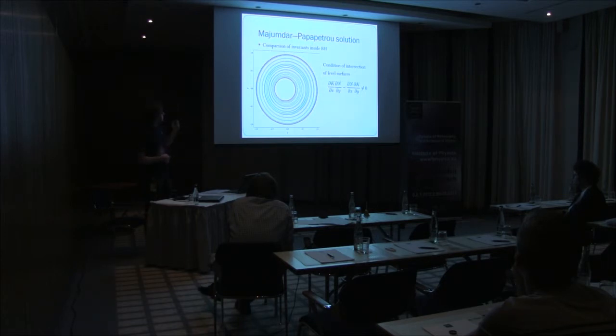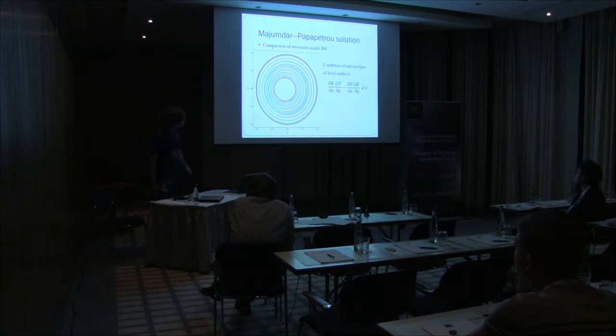Yes, and one of the conditions of spherical symmetry below the horizon is that the levels of the invariants do not intersect, because all the levels need to be perfect spheres.